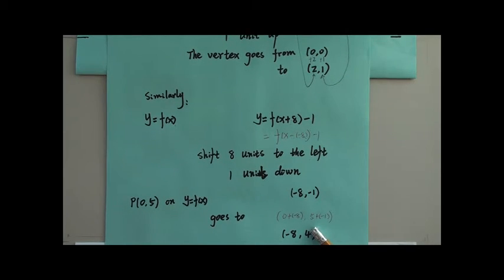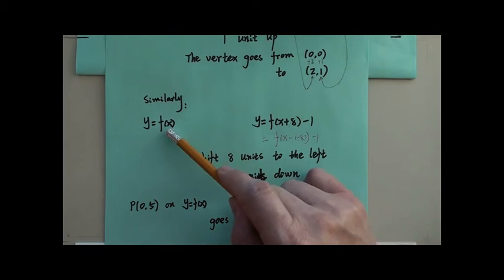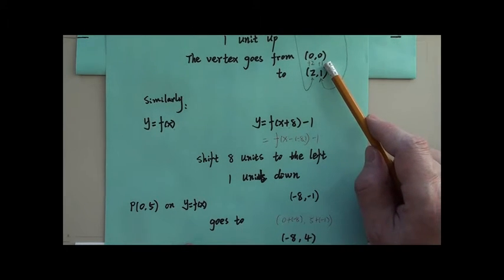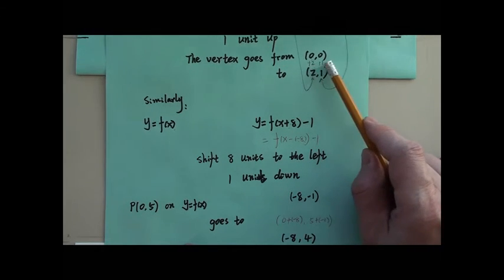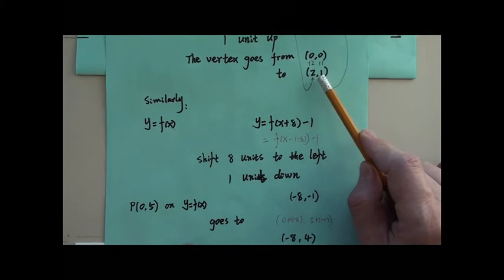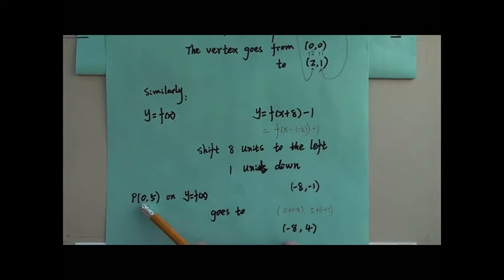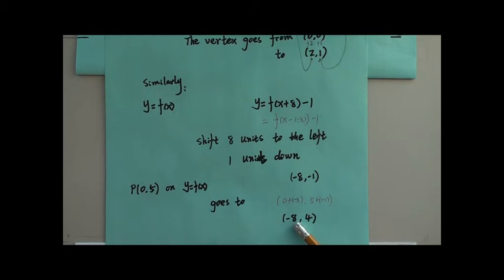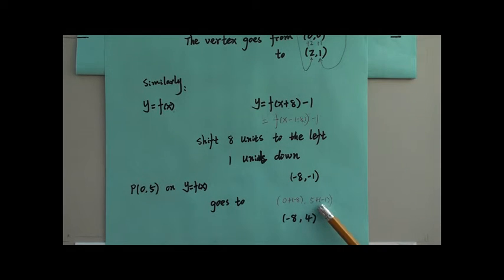Now, previously, if you have a point 0, 5 on this curve, based on the same principle, previously the origin 0, 0, you add 2, add 1, and you get 2, 1. Now the same thing: 0, you add negative 8, you have negative 8. 5, you add negative 1, so 5 plus negative 1 is positive 4.